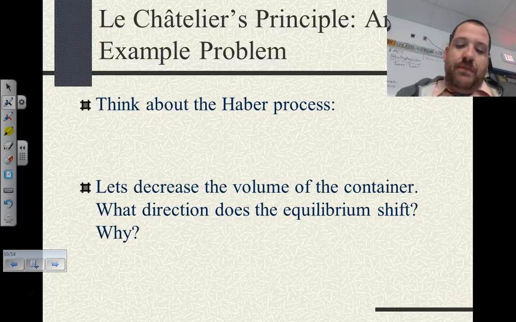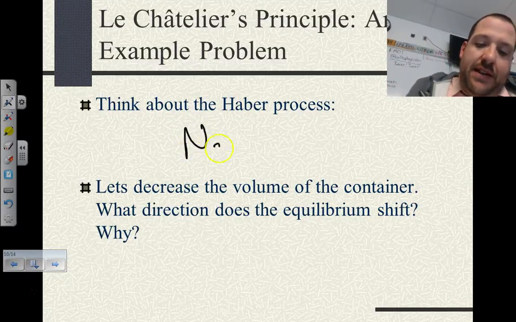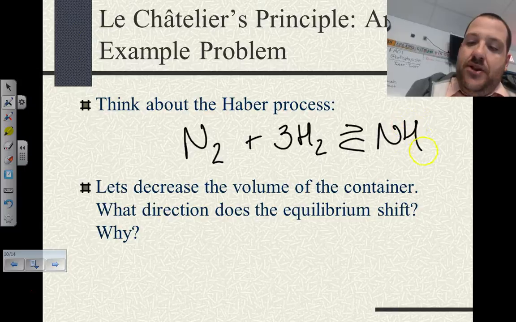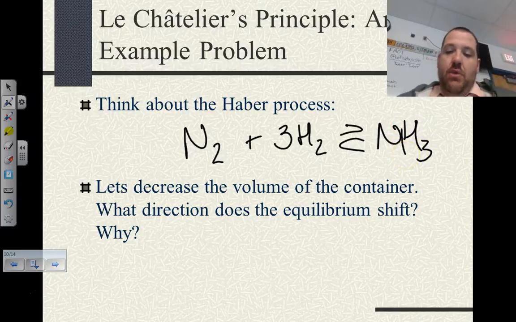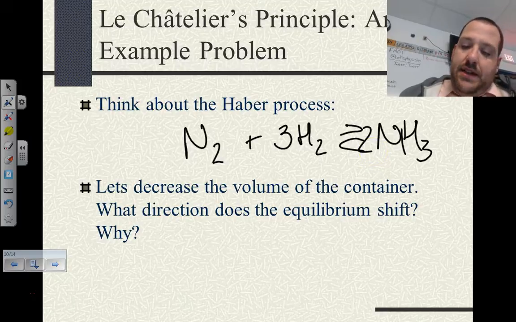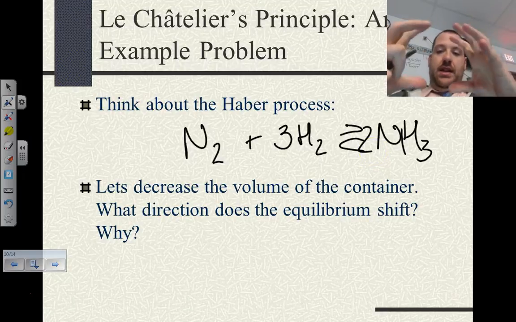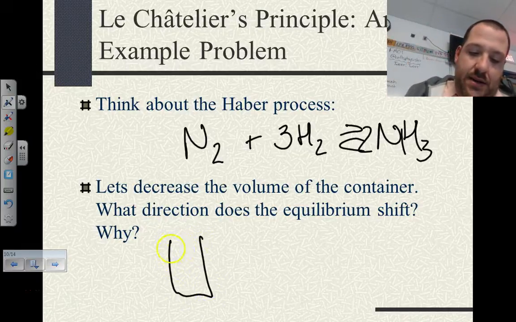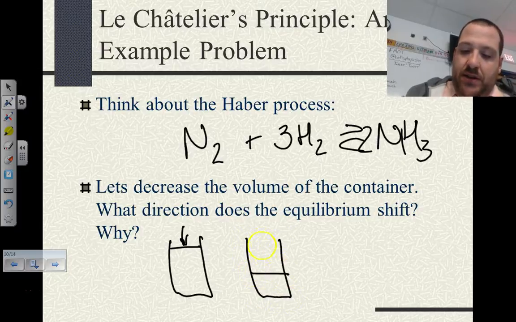So if we think about the Haber process, N2 plus 3H2, all of these are gases, 2NH3, what if you decrease the volume? You take a balloon and make it smaller, or you have it in a piston and push down on the piston, so now your volume is smaller.